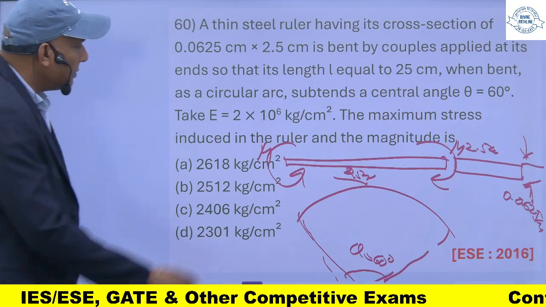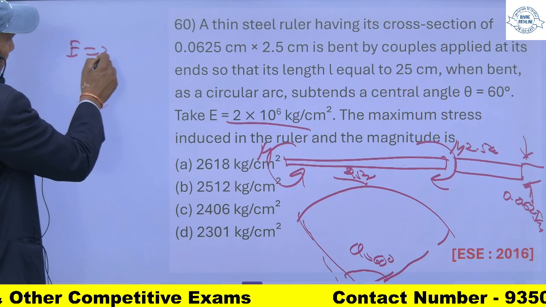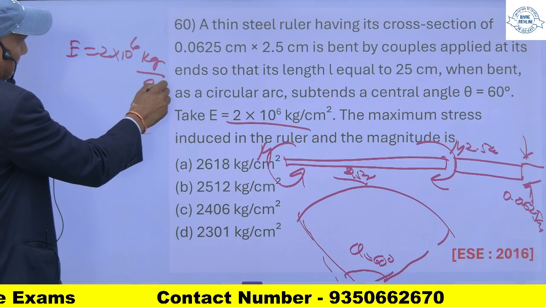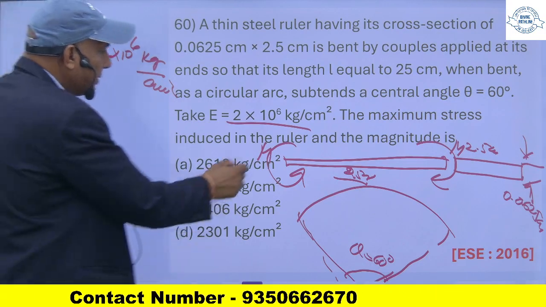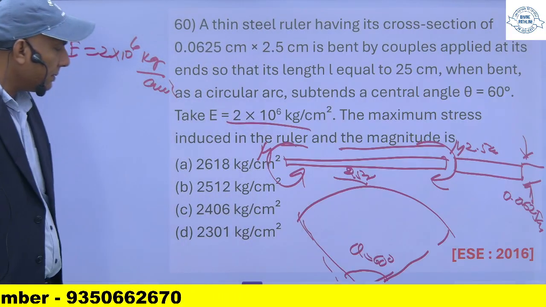Take E as given. What is the magnitude of the maximum shear stress induced in the ruler?